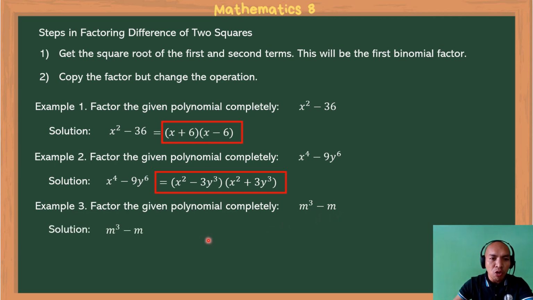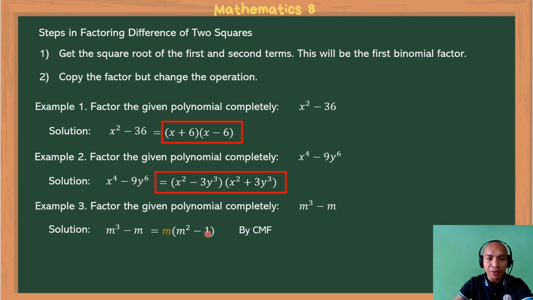This polynomial can be factored first by common monomial factoring. The common monomial factor of m cubed and m is, of course, m. Why m? As I have said, the common monomial factor must have the variable present in all terms, and the one with the lowest exponent is taken.